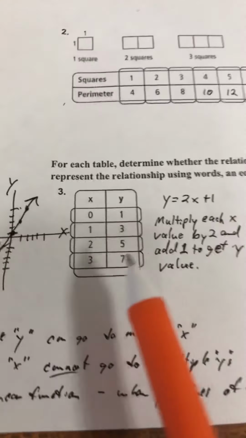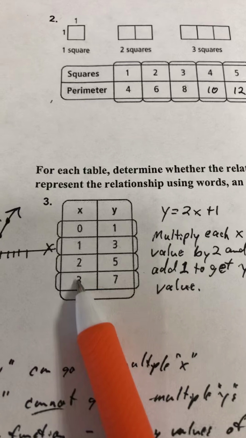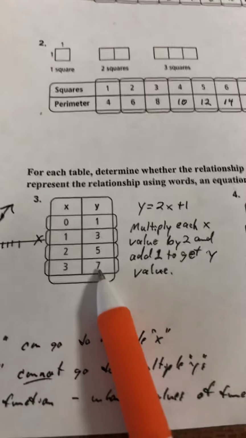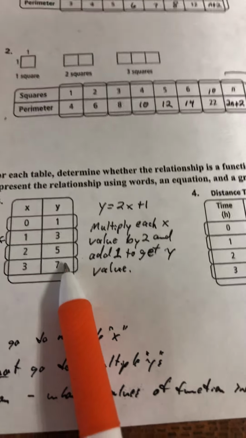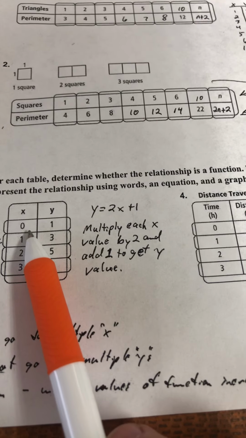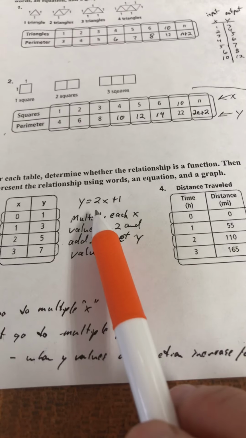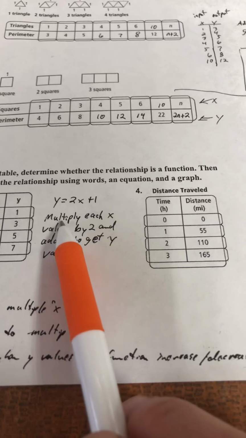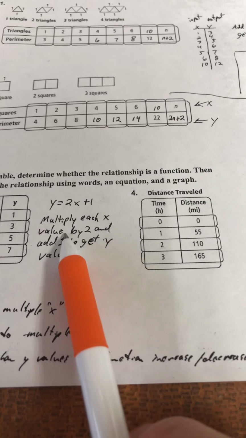Number 3 I have completed for you. We're supposed to look at this table and determine whether it's a function or not. This is a function, and I'm going to explain it in words. If you notice from here to here, from here to here, you're multiplying each x by the value of 2.